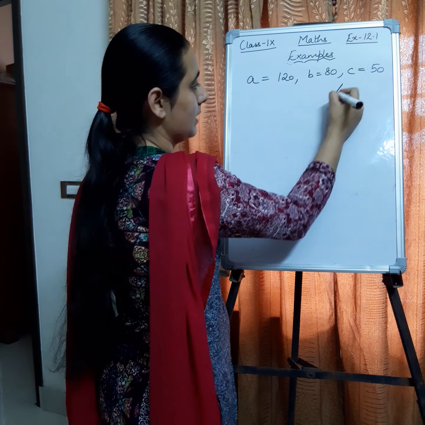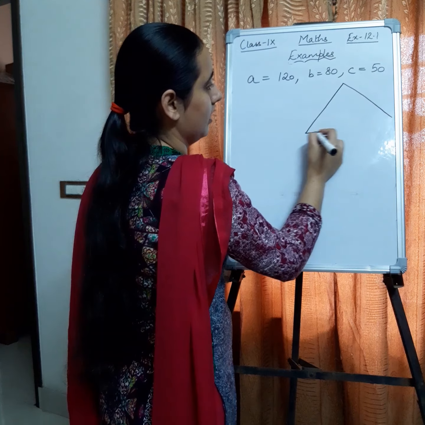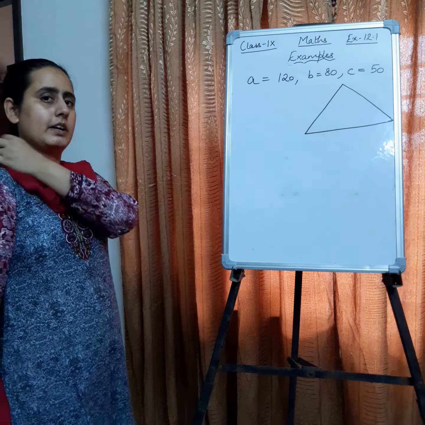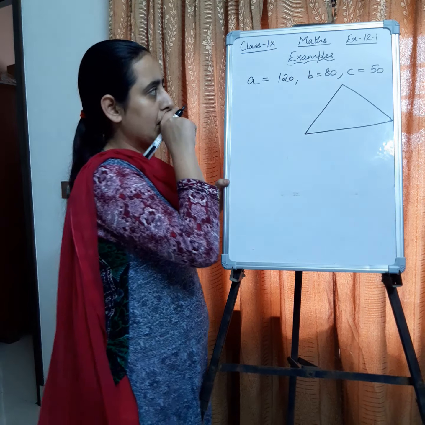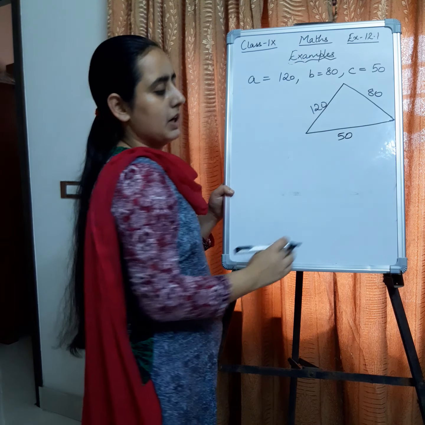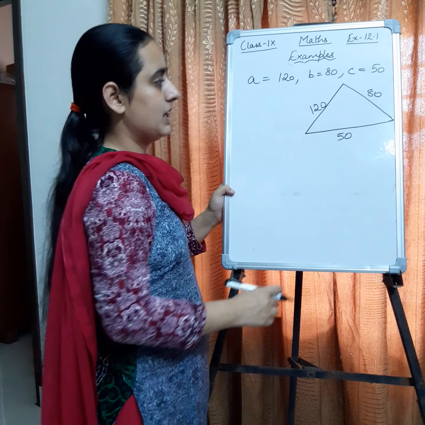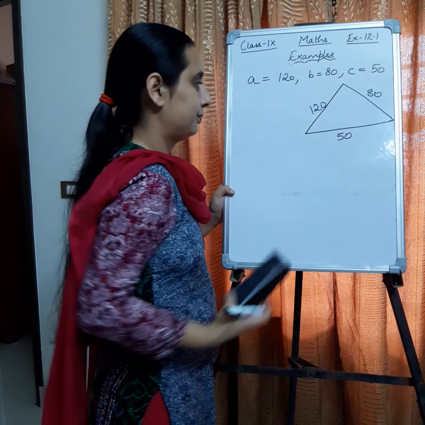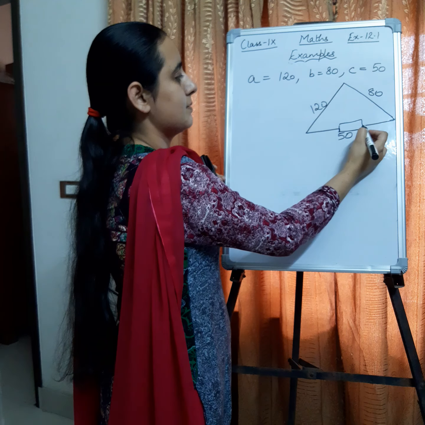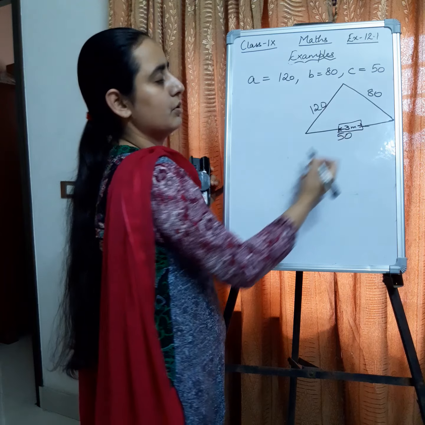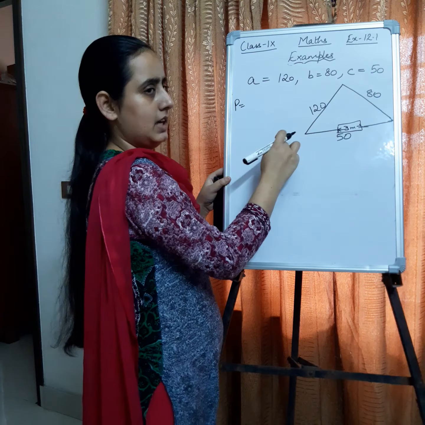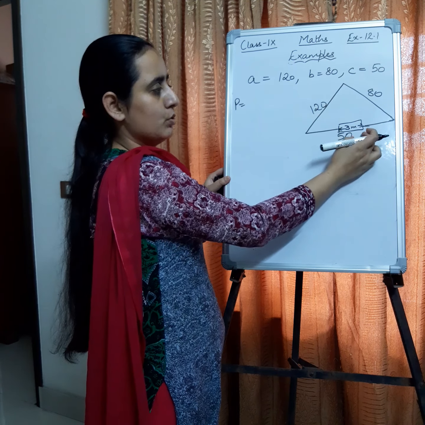Suppose this is the park. Firstly I am talking about fencing. Fencing means we are talking about the perimeter. Suppose this is 120, this is 80 and 50. But we need to leave a 3 meter wide space, suppose here in between some gate is there. This space is 3 meter and we need to leave it. We know the perimeter is A plus B plus C, but in this case we need to subtract 3.